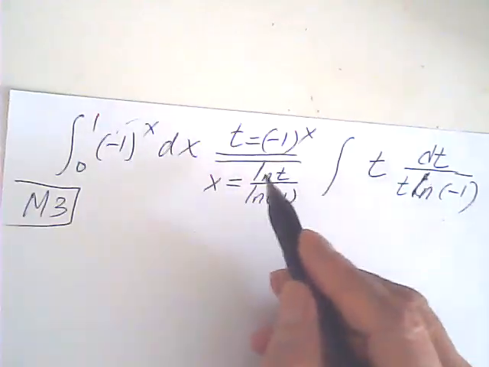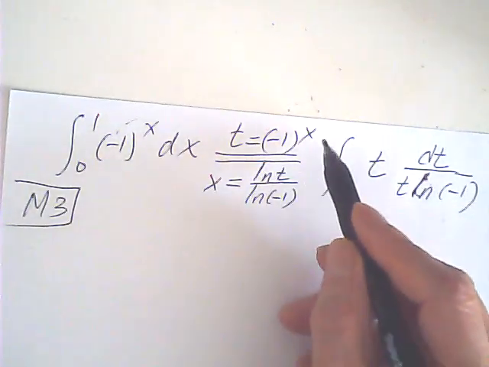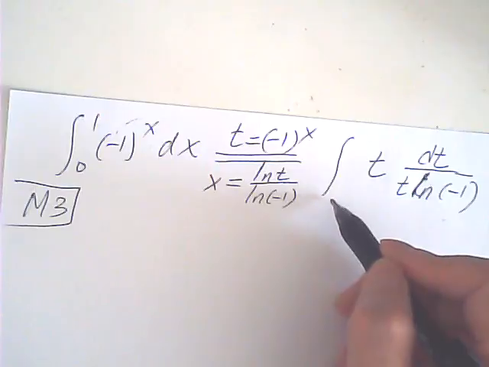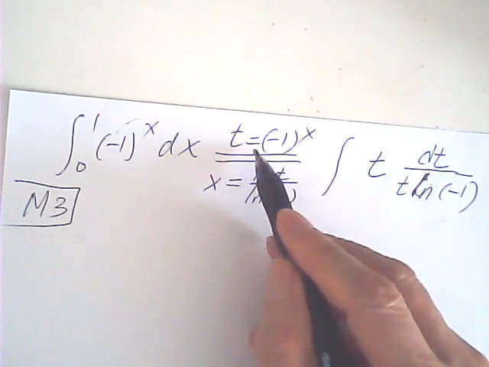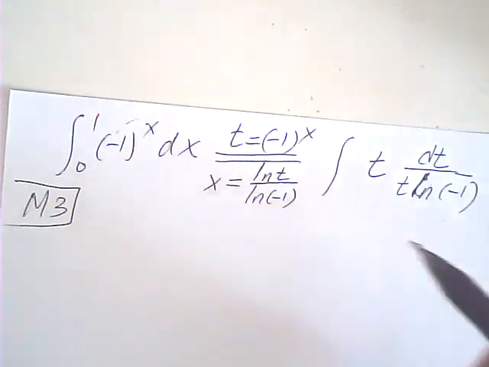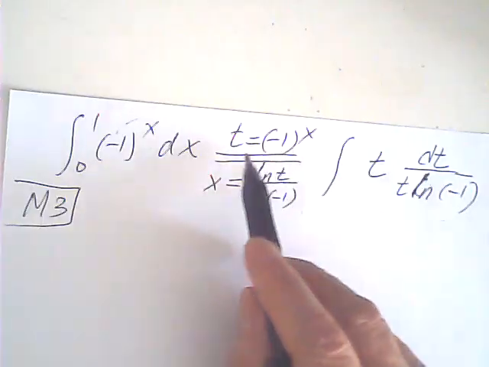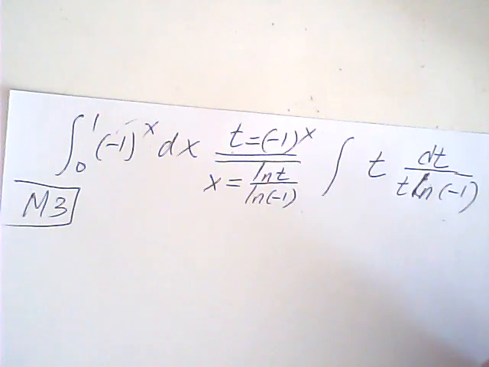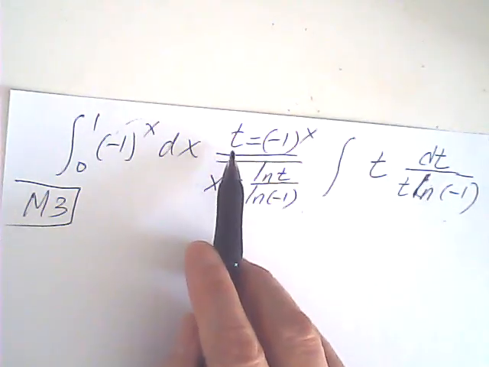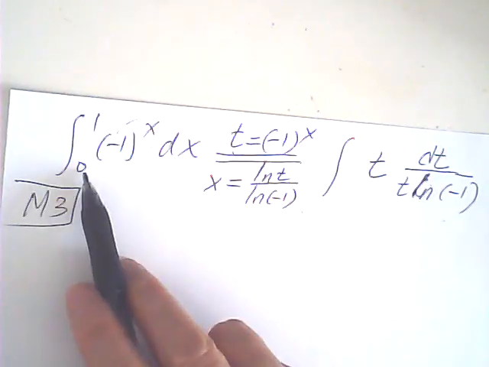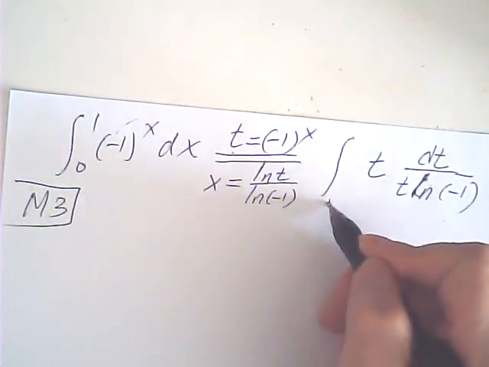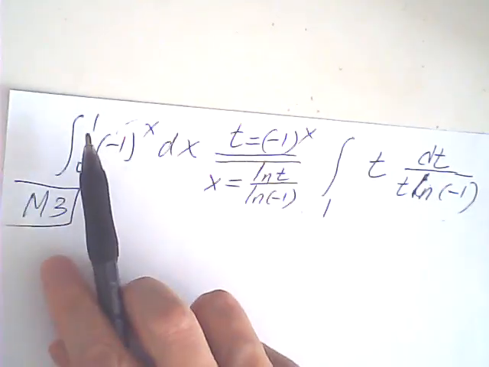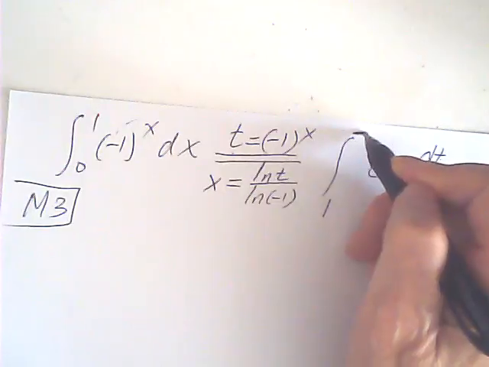Now, when x equal to 0, t is 1. When x equal to 1, t is negative 1.